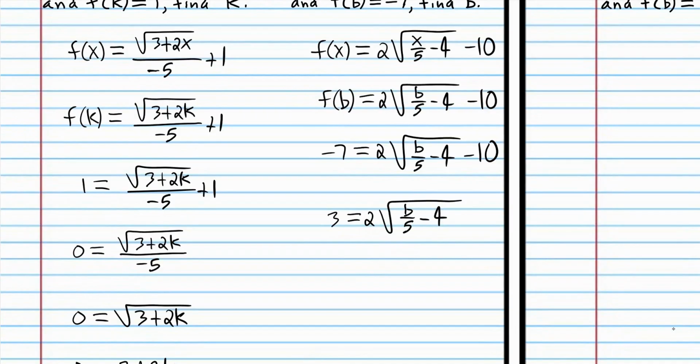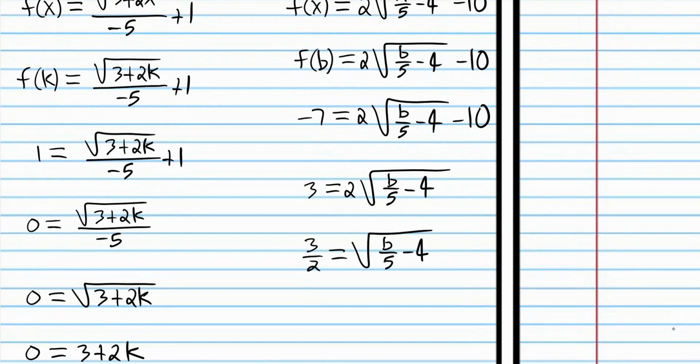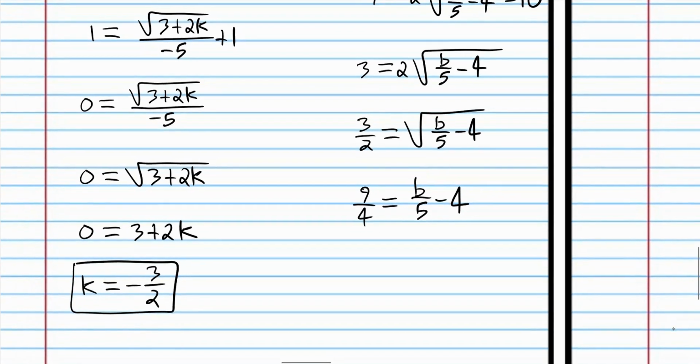And then I'm going to divide both sides of the equation by 2. And then we need to square both sides. So when we square that fraction, we're going to get 9/4. Then we need to add 4 to both sides.